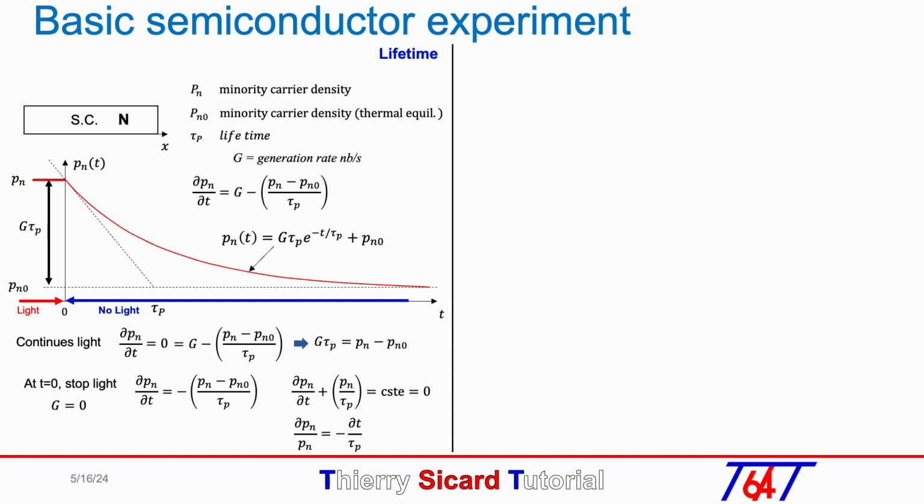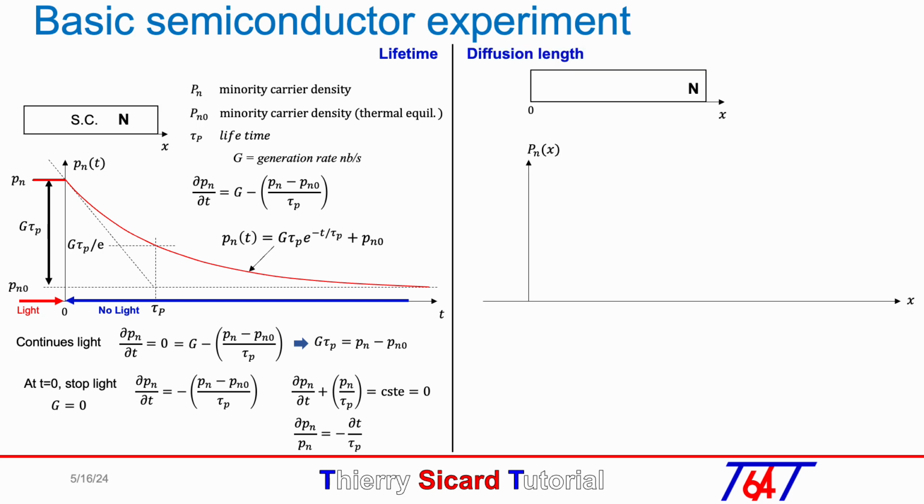The second experiment is the minority concentration versus distance. We take the same n-doped semiconductor material, so majority carriers are the electrons in the conduction band, and the minority carrier concentration equals Pn0 equals ni squared over Nd at equilibrium if there is no light. The semiconductor receives photon energy higher than 1.2 electron volt on the left side.